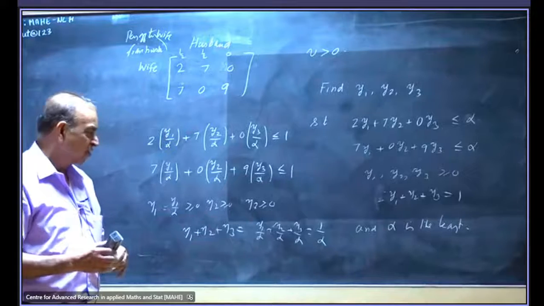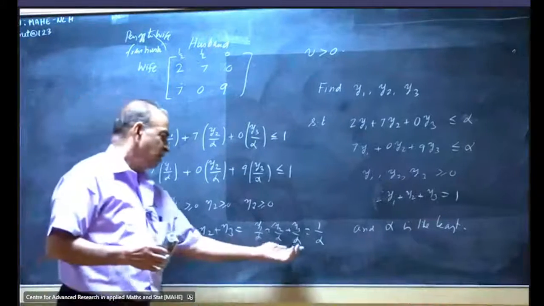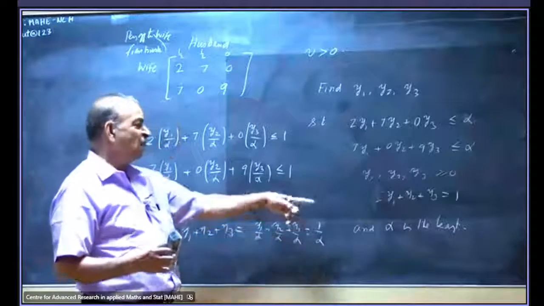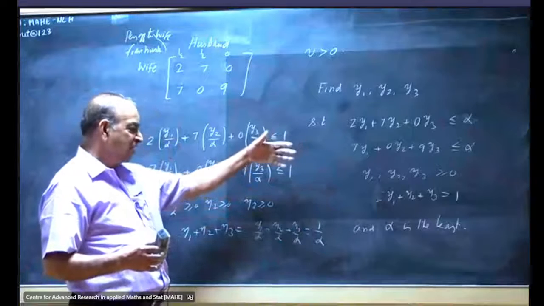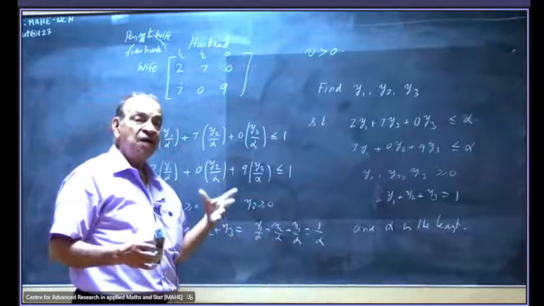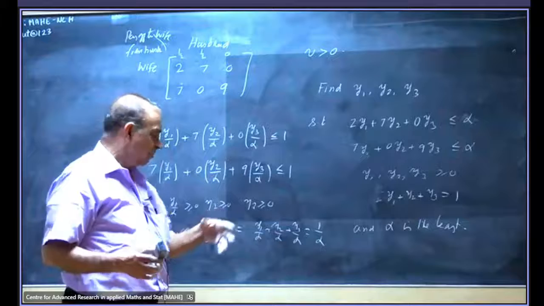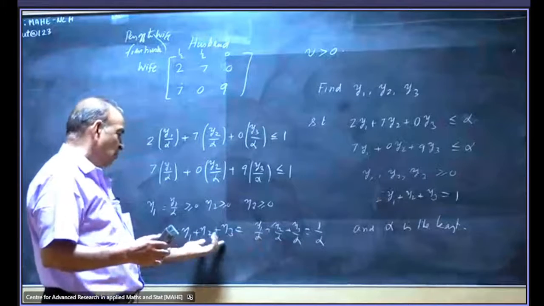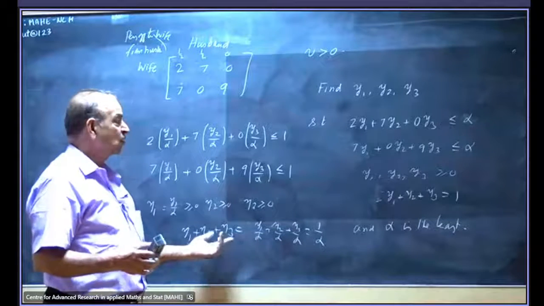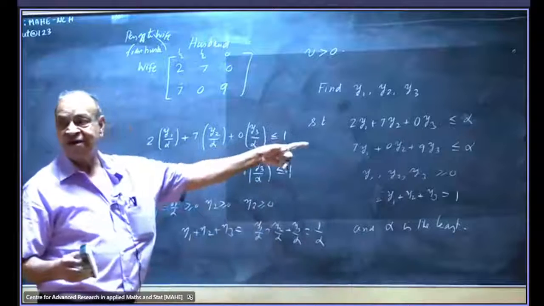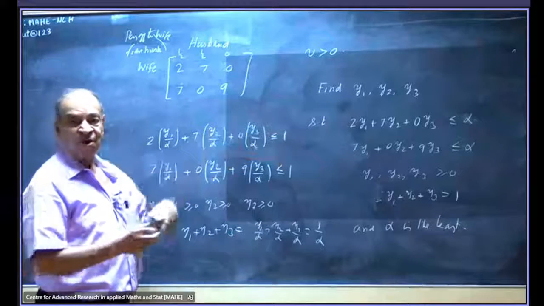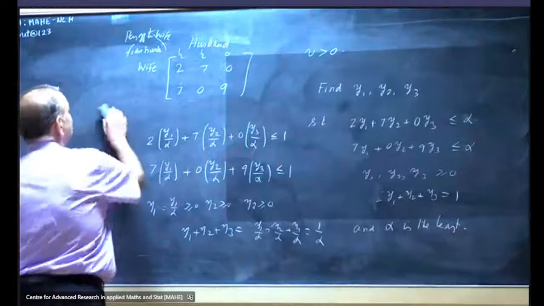And then this one, 1 over alpha, if alpha is to be least, 1 over alpha should be as large as possible. But 1 over alpha is also theta 1 plus theta 2 plus theta 3. So I am going to write down all these inequalities as the following linear programming.